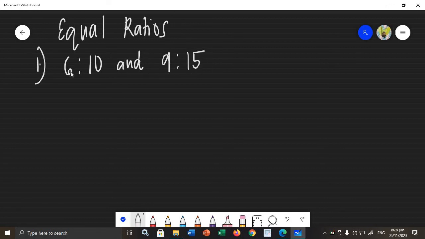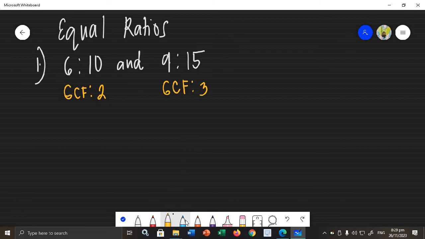So we will examine, we will determine if these ratios are equal. So again, we need to look for the GCF for us to know yung lowest term nila. Okay? So, ang GCF ni 6 and 10, that is 2. And then, ang GCF ni 9 and 15, that is 3.